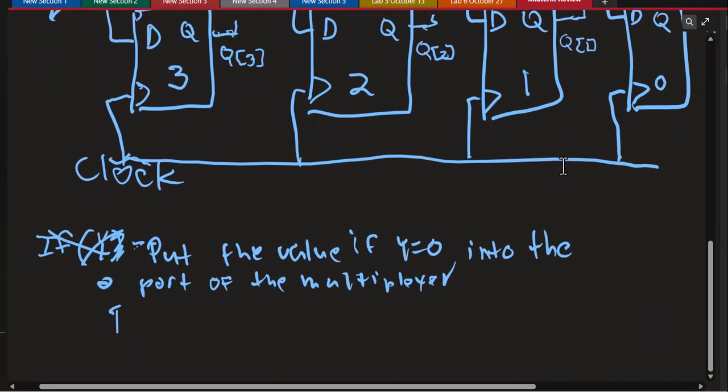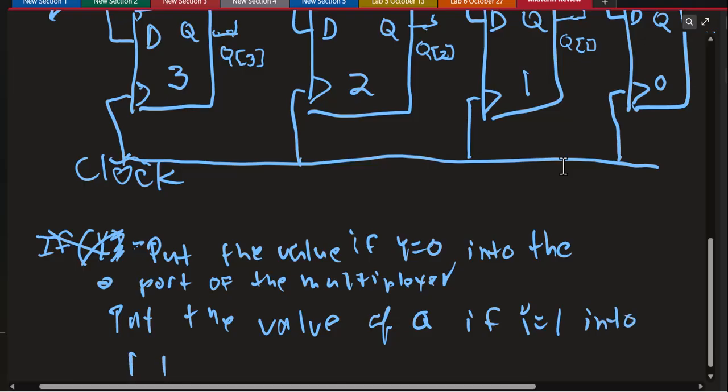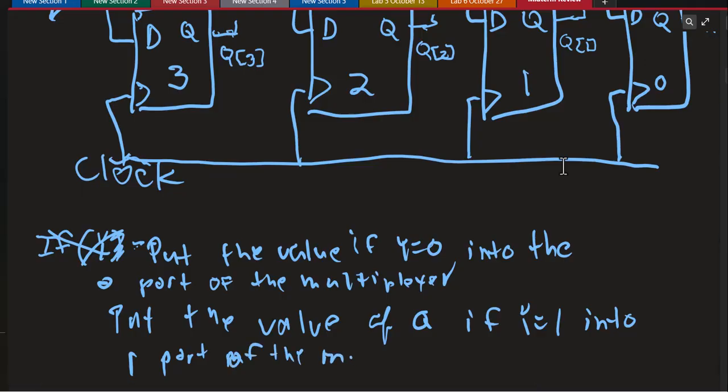And when I say value, I mean the value of q. Put the value of q if y equals 1 into the 1 port of the multiplexer. So let's see what I mean by that.